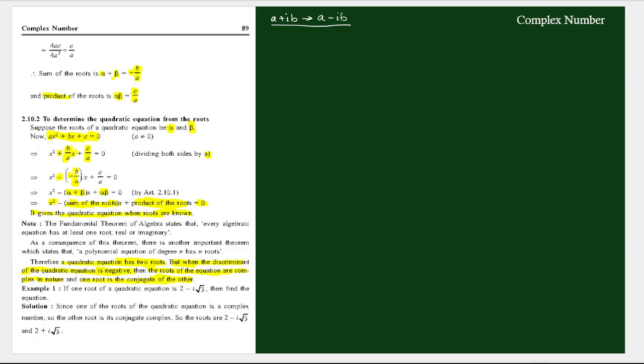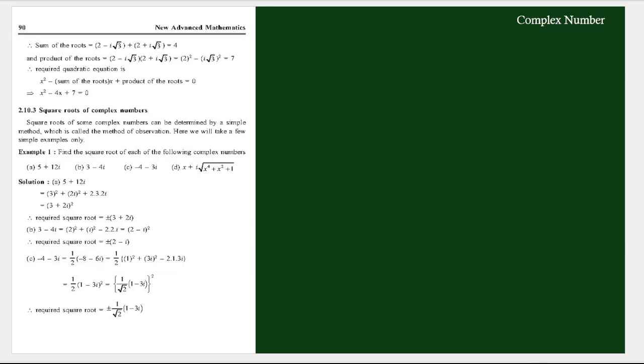So this is very important, you need to remember. The roots of a complex number are conjugate to each other. There will be two roots and each of them will be conjugate to the other. So this is how we determine the quadratic equation from the roots.